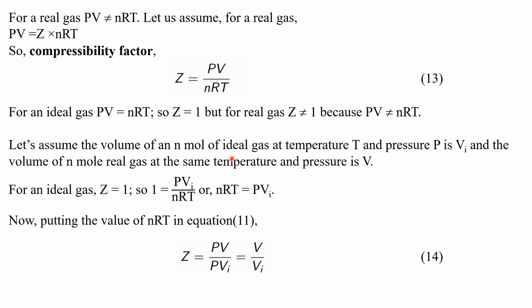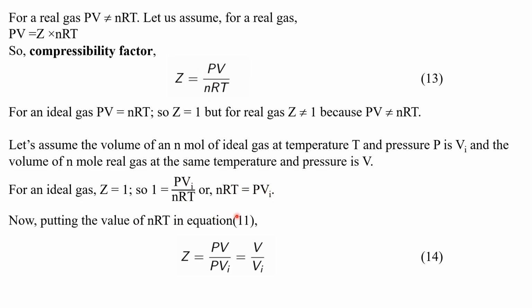Let's assume the volume of n moles of ideal gas at temperature T and pressure P is Vi, and the volume of n moles of real gas at the same temperature and pressure is V. For an ideal gas, Z is 1, so we get 1 equals PVi by nRT, so nRT is PVi.